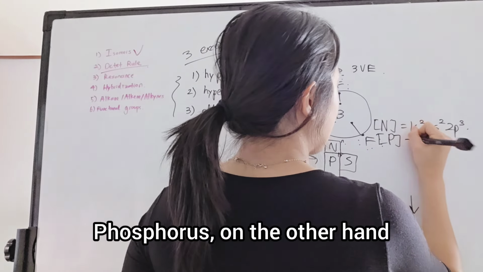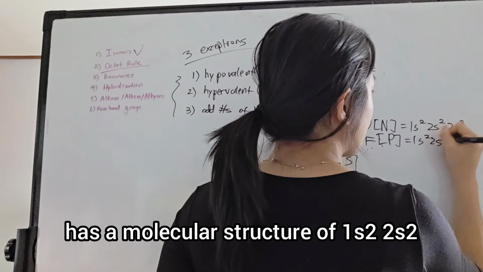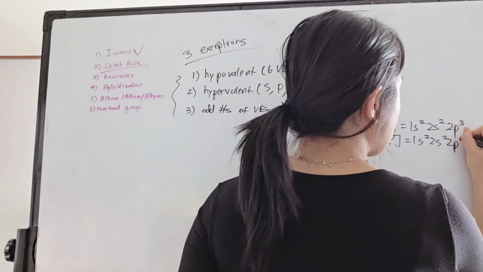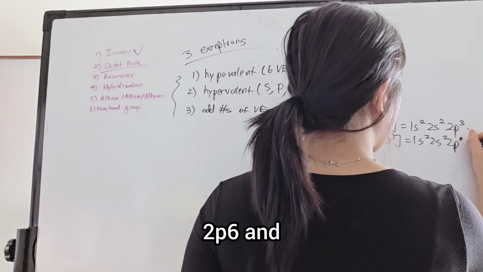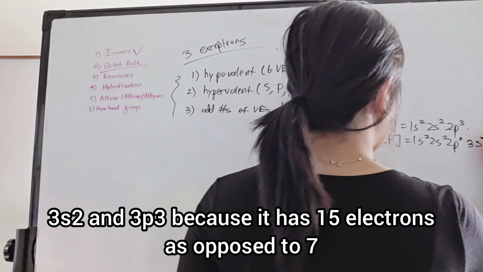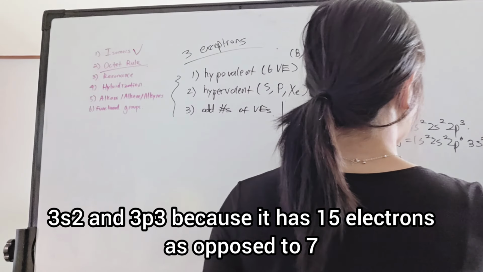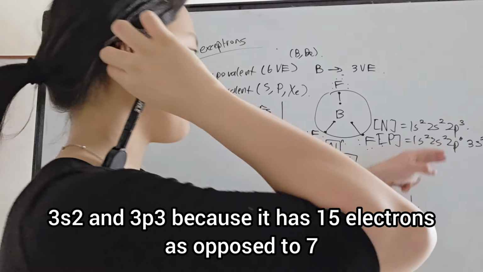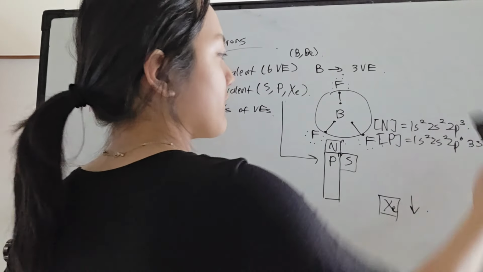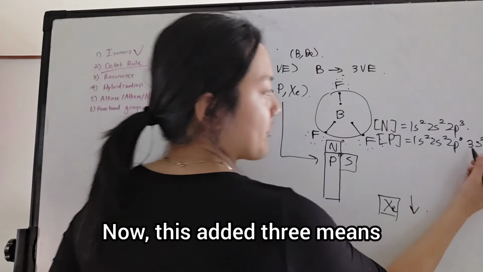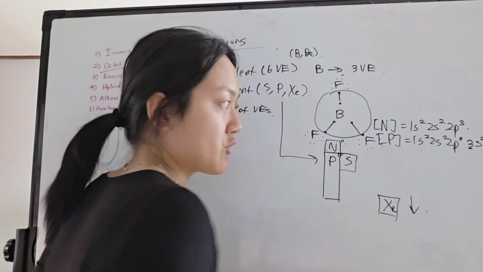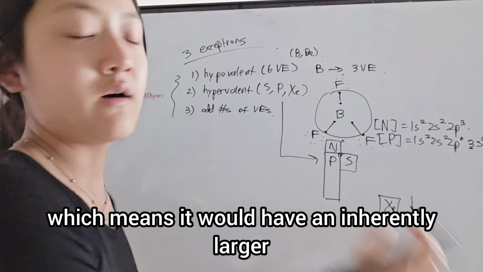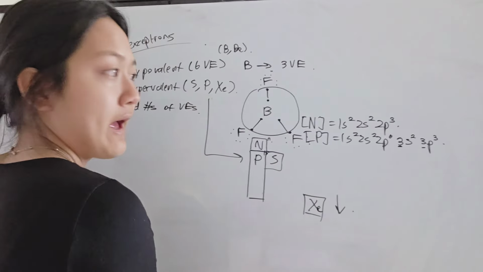Phosphorus, on the other hand, has 1s2, 2s2, 2p6, 3s2, and 3p3, because it has 15 electrons as opposed to 7. Now, this added 3 means that it has another shell, which means it would have an inherently larger atom.